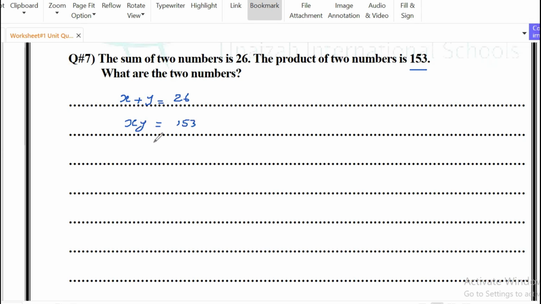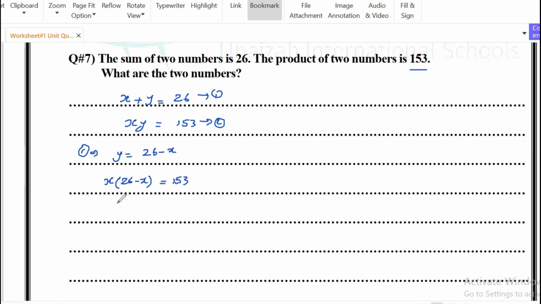Again, we will think about the simultaneous equation way. Like this is the first and this is the second. From one, we can say that y is equal to 26 minus x. Then replace into the second: it becomes 26 minus x in place of y, and x is the same, equal to 153.